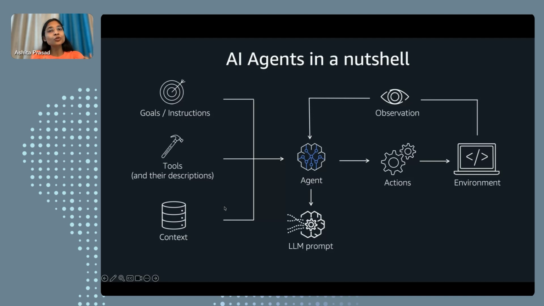Then we have tools and their descriptions. So this is how the agent actually gets hands. You give it a list of things it can do. That can be as simple as querying a database, calling an API, being able to do web search, or even just sending an email.